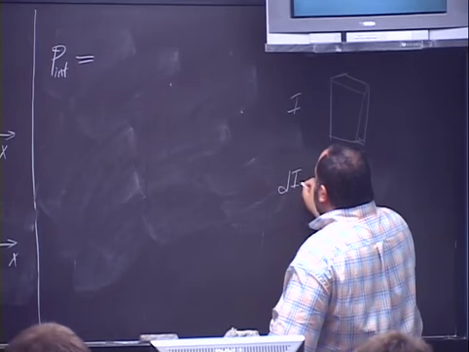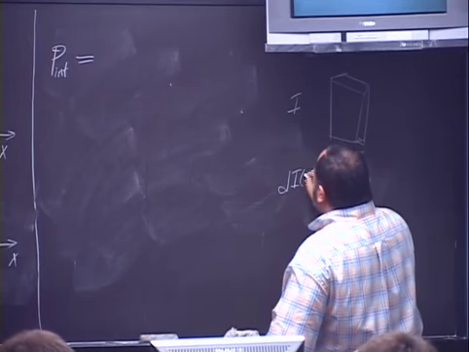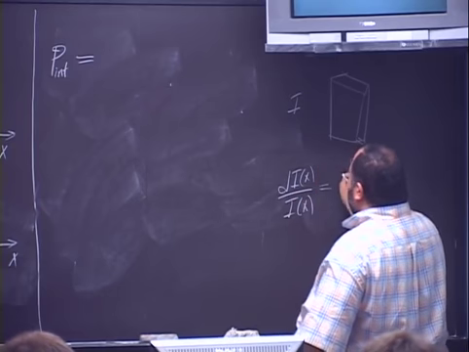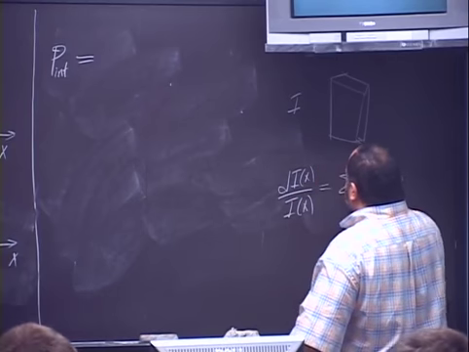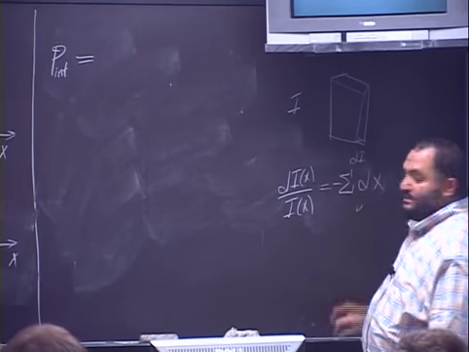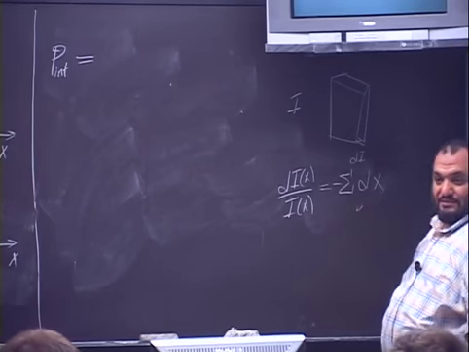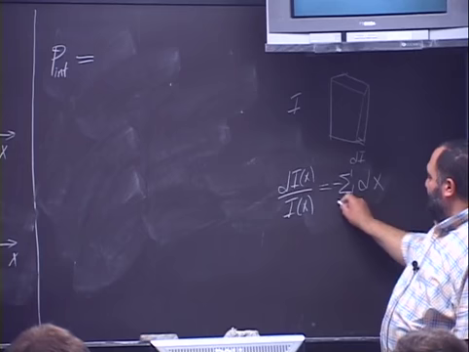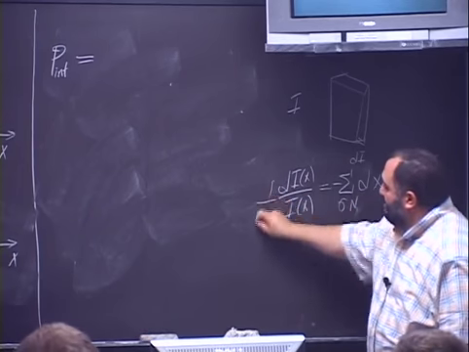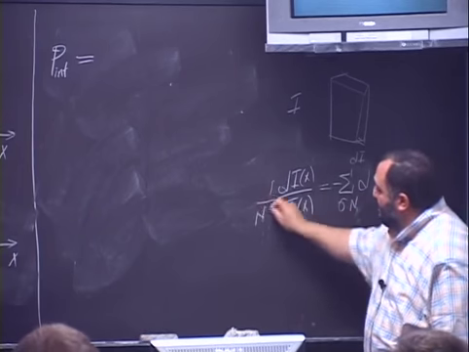So I told you that this is delta I of x divided by I of x, and this is equal to what? Sigma multiplied by delta x. Yes? I just showed it to you a couple of minutes ago. And I told you that little sigma is nothing more than sigma multiplied by n. Divide this by n, then by delta x, and this will give you the definition of sigma.